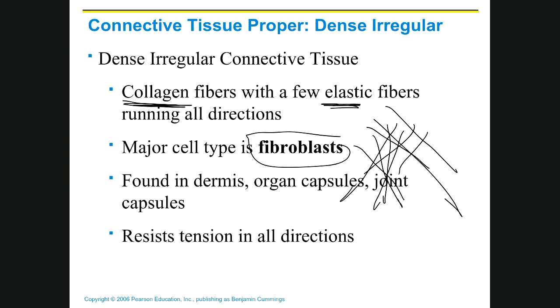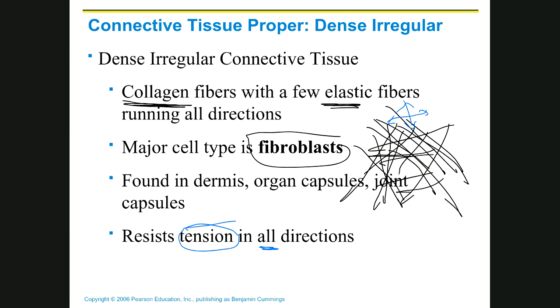And so look at this. If they're running every which way, it doesn't matter which way I pull on it. It's going to have some fibers to resist it. And so it resists tension or pulling in all directions.